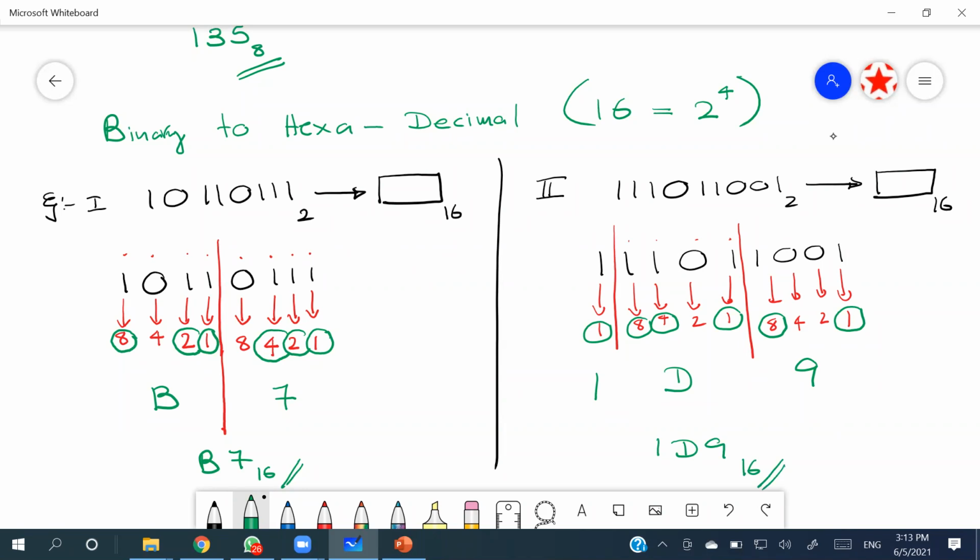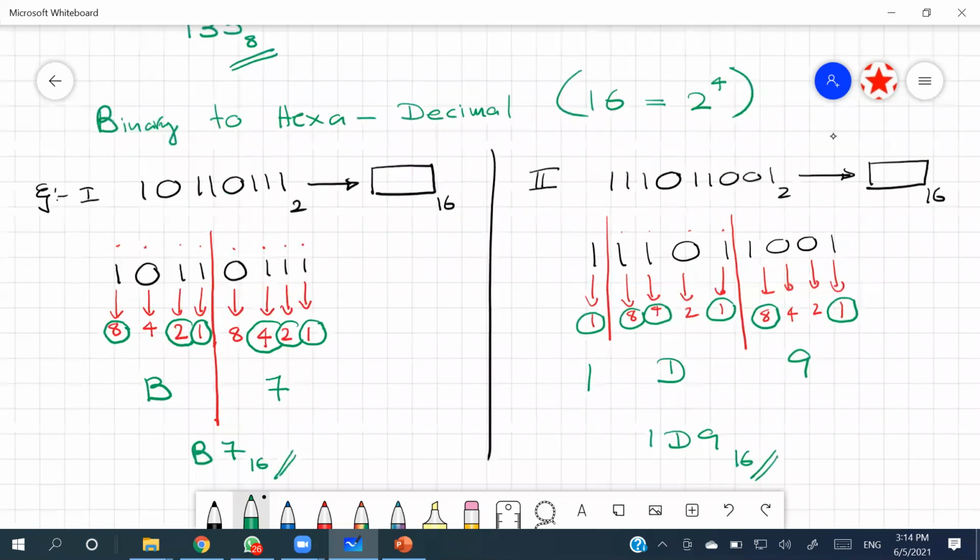Right. Did you get that, people? Is it clear? So you can copy this. Let me know once you are done.